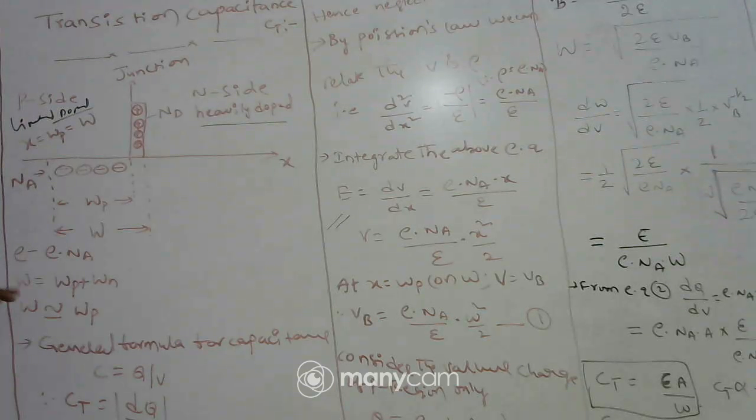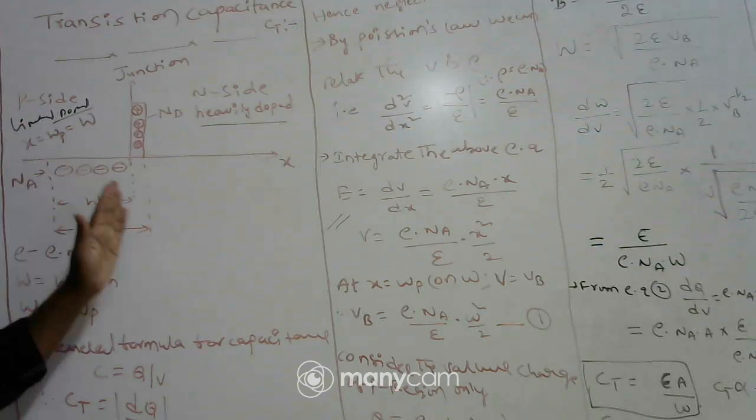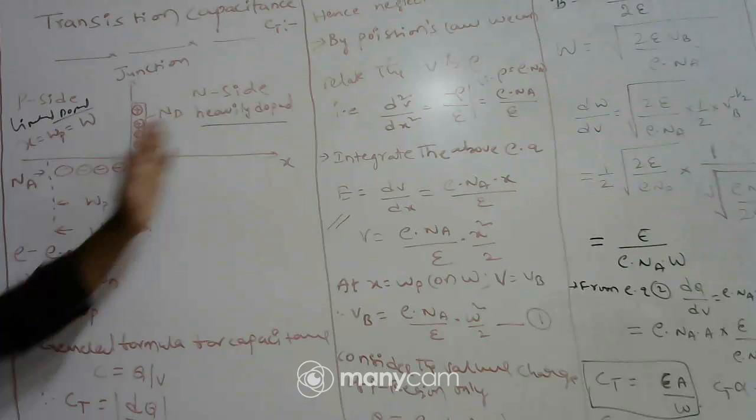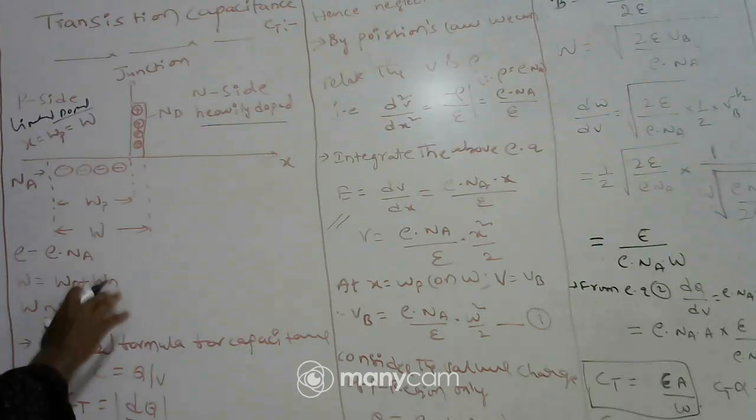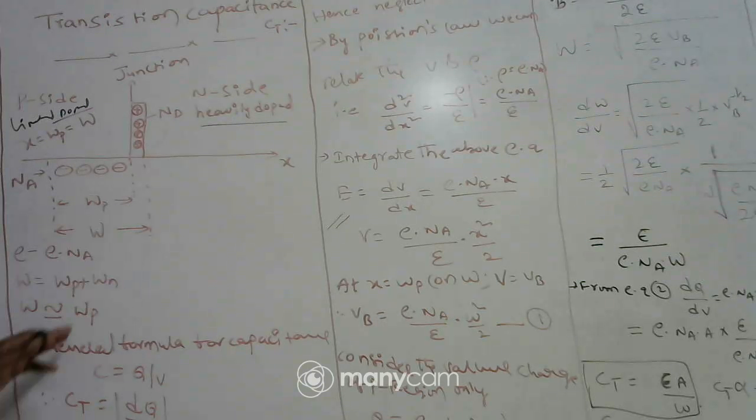The total width W is equal to the p region width plus the n region width. Compared to the p region, the n region width is high, so we can neglect the p region width. So we can write W is equal to Wp.